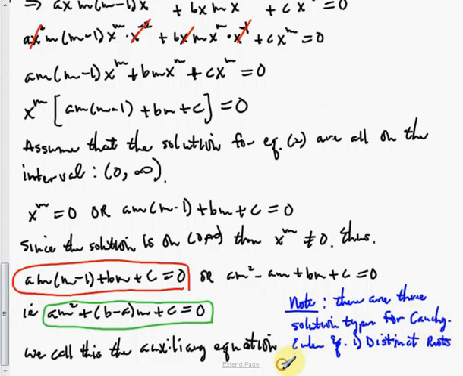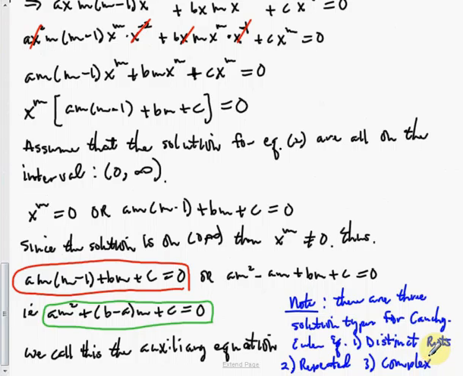Number 1, distinct roots, number 2, repeated, and number 3, complex.